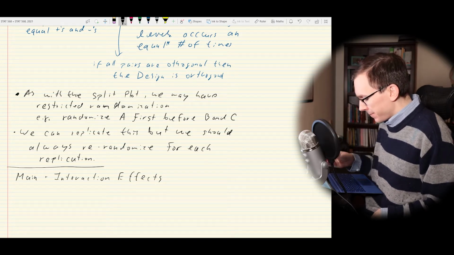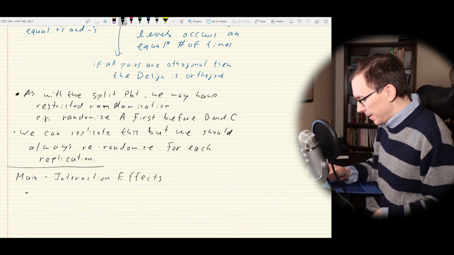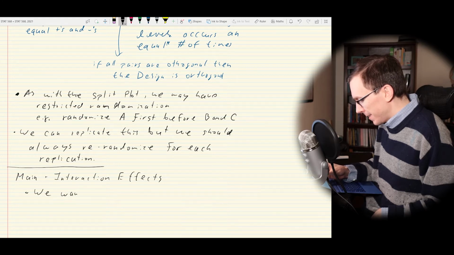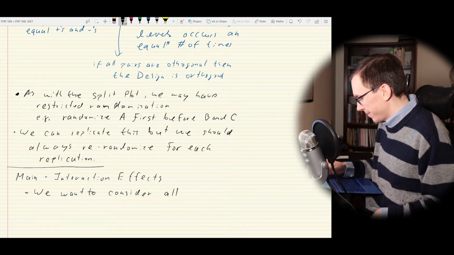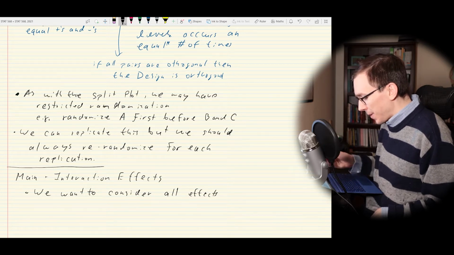So the goal is we want to consider all effects, which would be the main and the interactions.